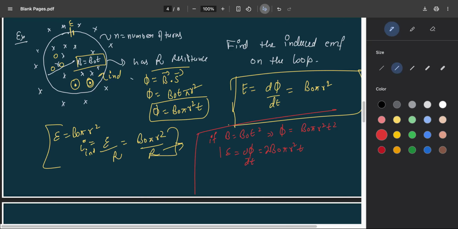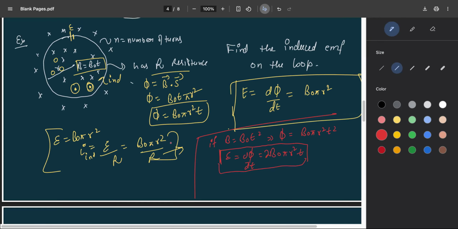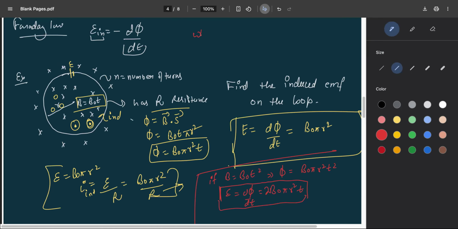Here your EMF is changing. What does that mean? Because right now this is not linear. When time was 1, the magnetic field was B naught t square, which results in B naught. When time is 2, this becomes 4 times this.